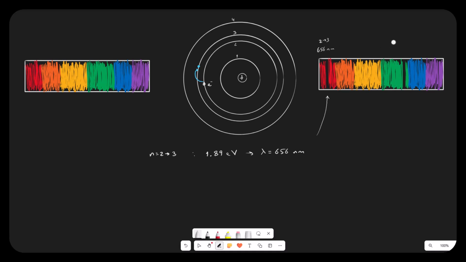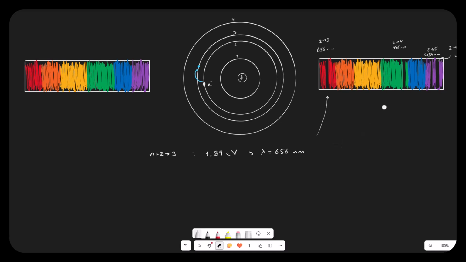This one over here is the 2 to 4, and that is 486 nanometers. We get a line over here, and that is our 2 to 5, and that is 434 nanometers, and then we get one more out here, and that one is 2 to 6, and that is 410 nanometers.